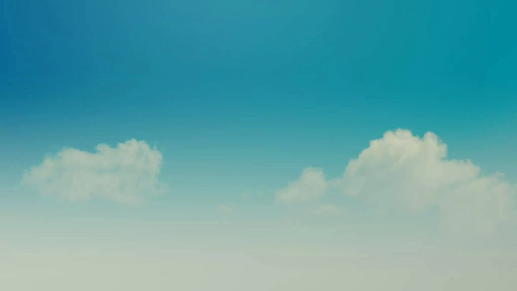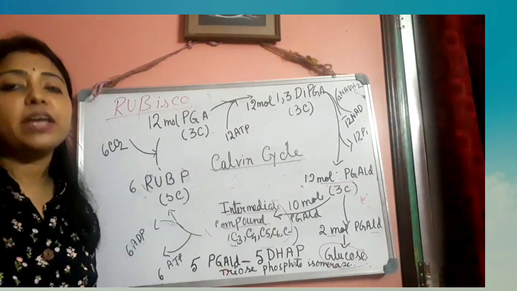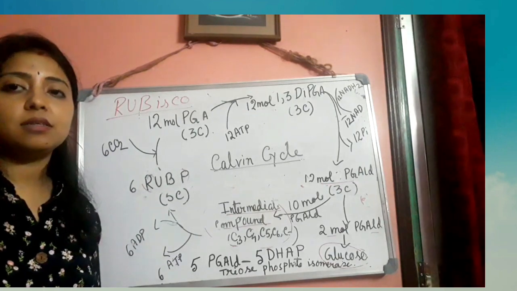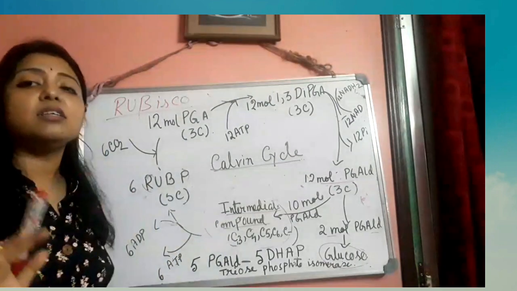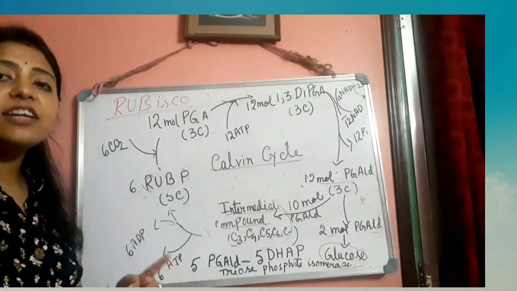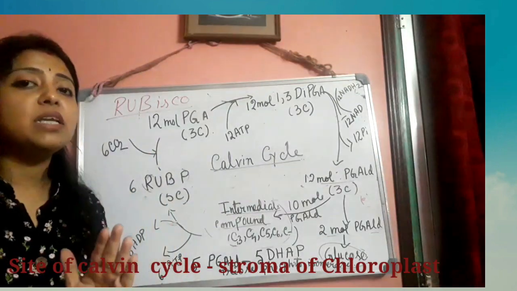According to the name of scientist Calvin, this cycle is known as Calvin cycle, or dark phase, or light independent phase of photosynthesis. Okay, it occurs during the day, but here sunlight is not needed. And in the light phase, two products will be produced as assimilatory power.